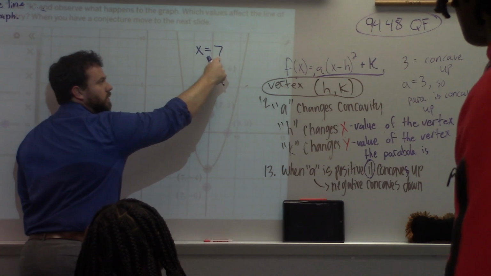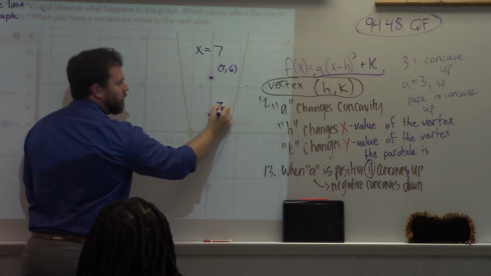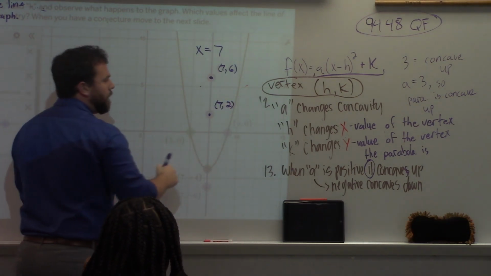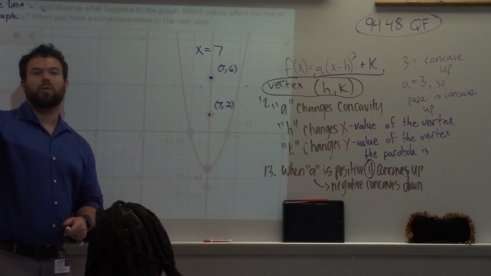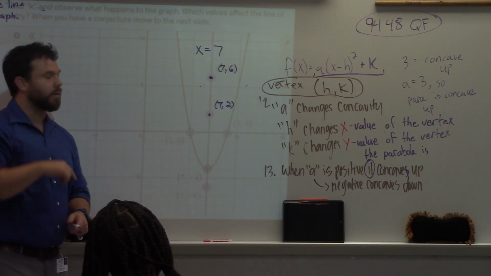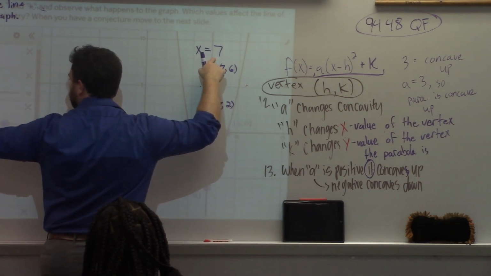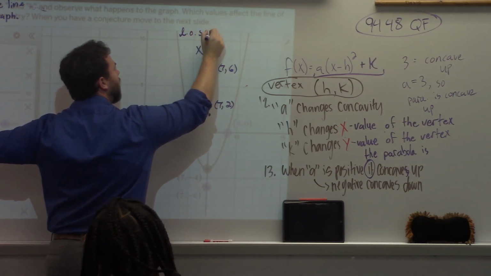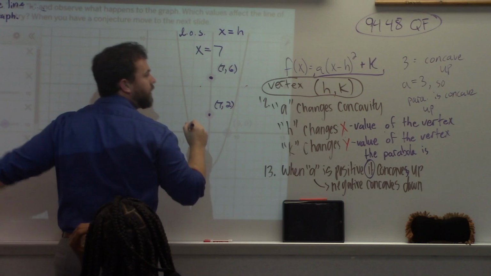The point (7, 6) satisfies x equals 7, and so does (7, 2). So when we say x equals 7, we're identifying every point where the x value is 7, which is the same as my h. Every line of symmetry you will ever find has an x value equal to h.